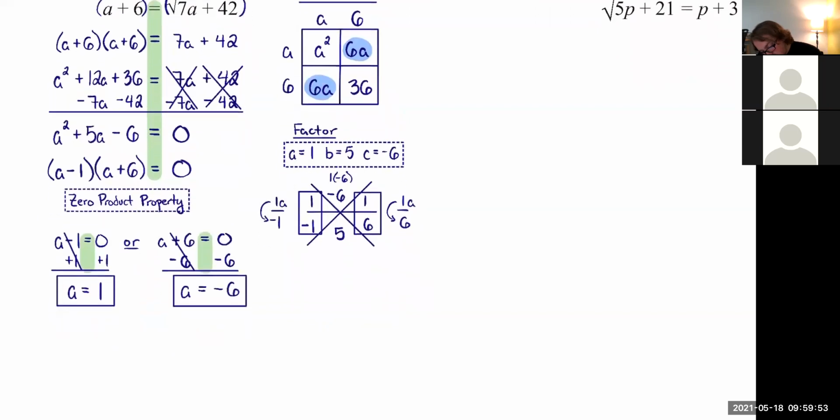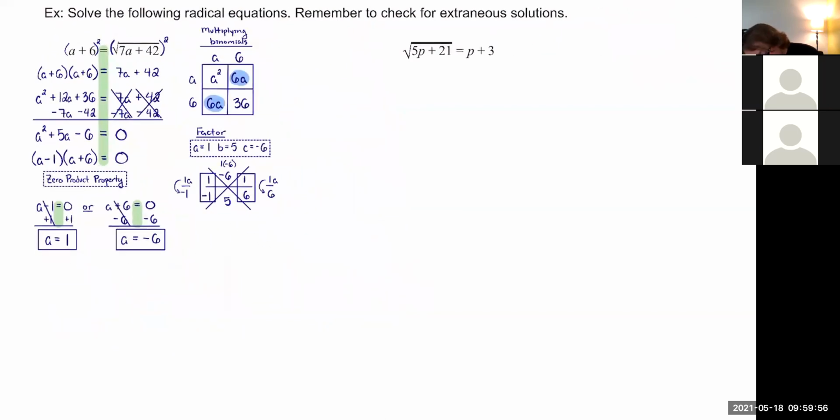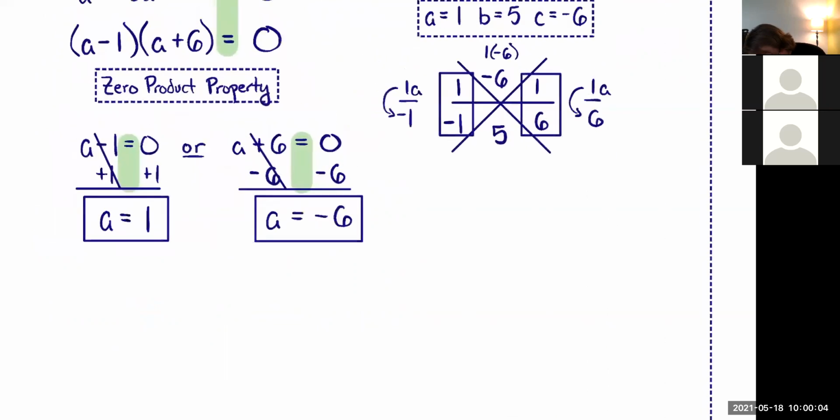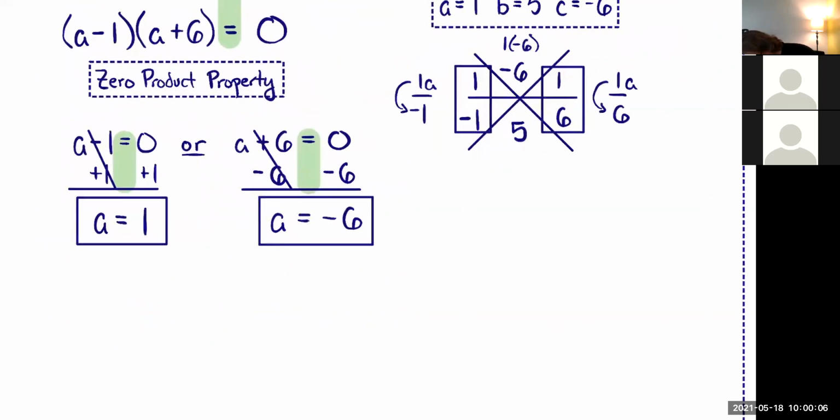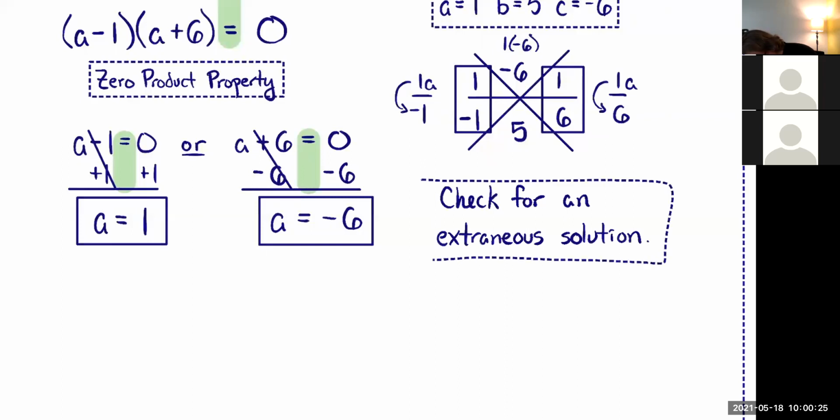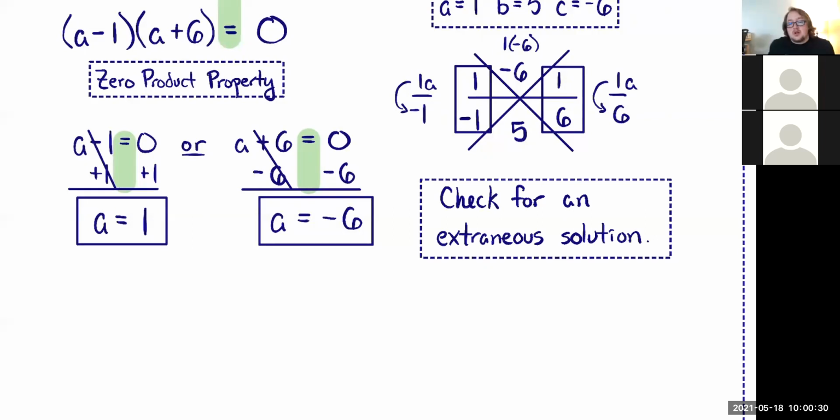So off to the side here, let me set up my workspace very quickly, always thinking ahead. Make sure I save enough space for the second problem. Off to the right here, I'm going to make sure that we check for an extraneous solution. So we're going to have 2 sets of work.